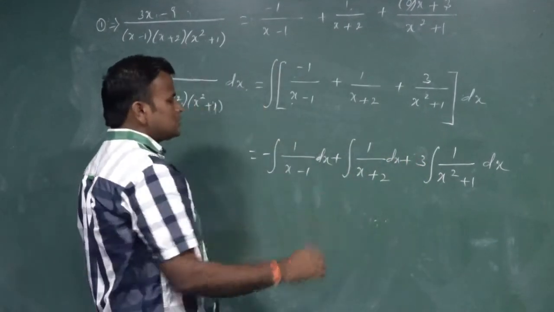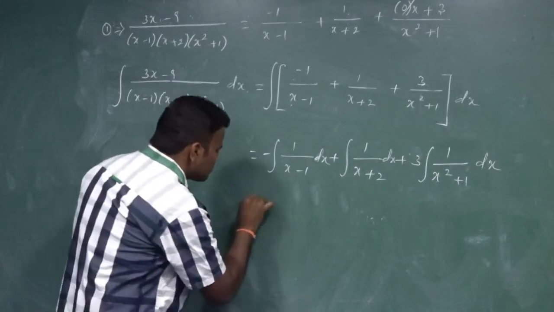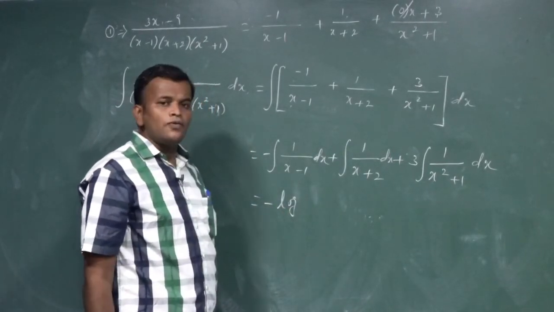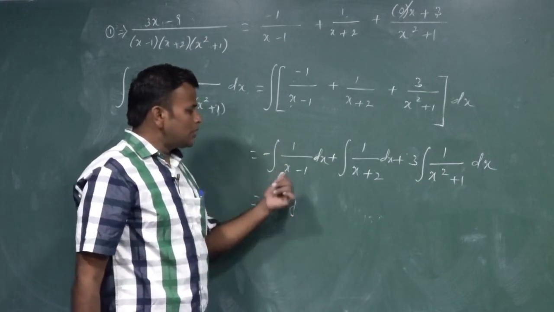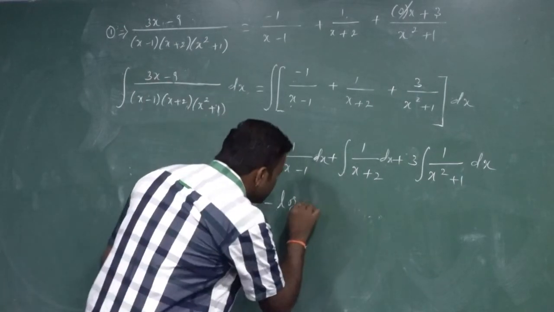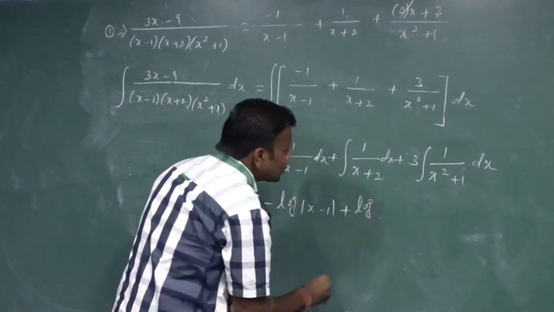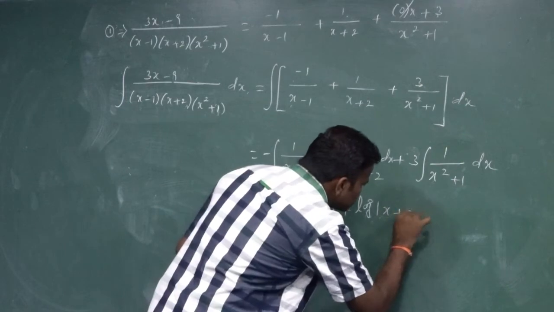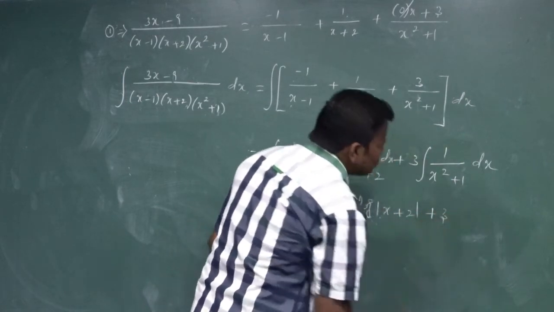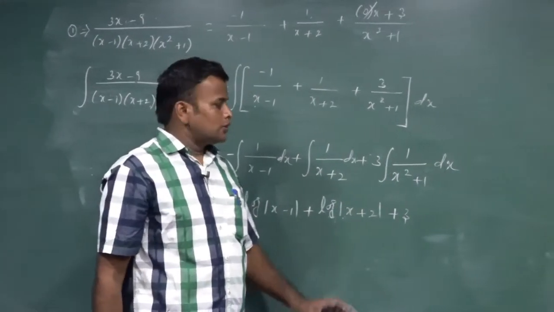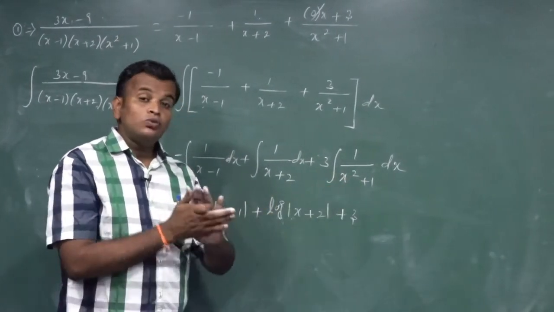You see, directly there is a formula. Minus, integrating 1 by x is log of modulus x. So 1 by x minus 1 is log of modulus x minus 1, plus log of modulus x plus 2, plus 3. You remember the formula? Direct formula. Is it x square plus 1 or 1 plus x square?